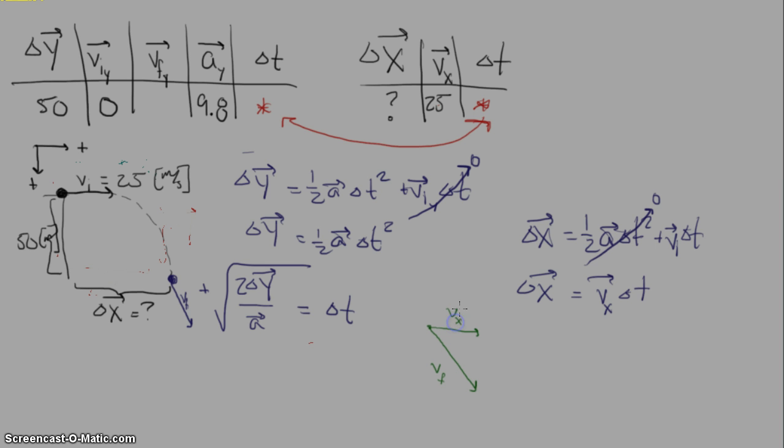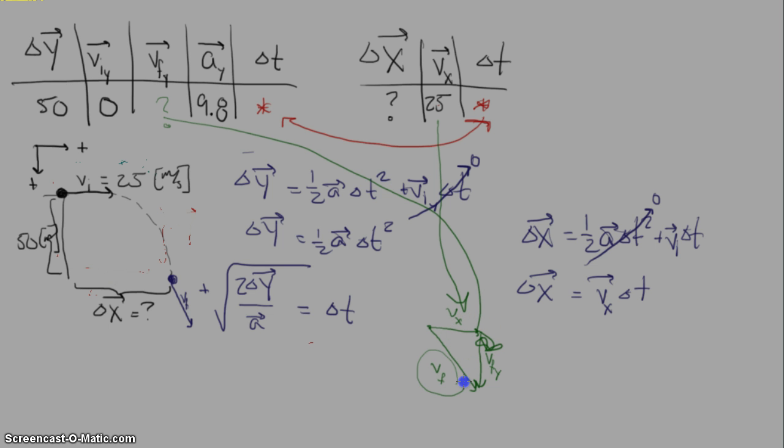which is going to be the vector sum of vx and vfy. Now again, vx, we know it. vy, we could find it and then dump it in over here. Now that means I've got two sides of a right triangle because x and y stuff always meets at a right angle.